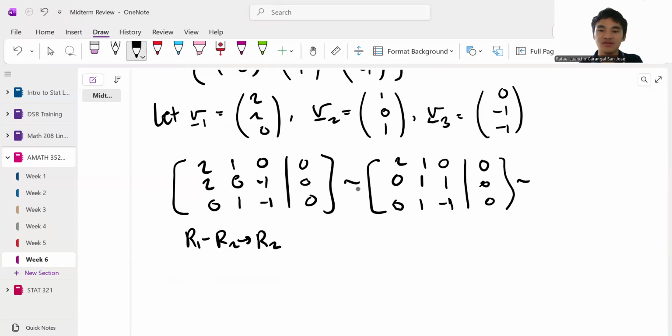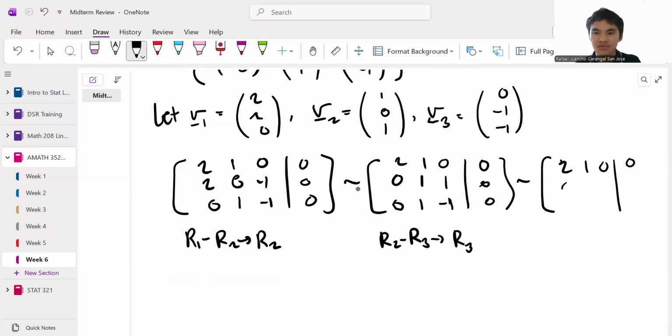And then based off of here, I think I can do another one. So we do row 2 minus row 3. So we get to what we call echelon form. This one's staying the same. This one's different. 0.